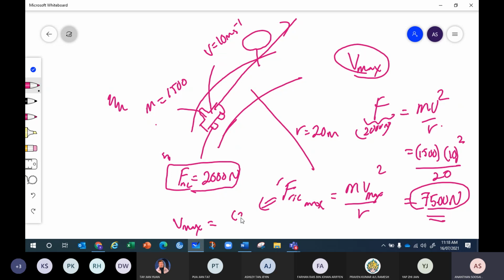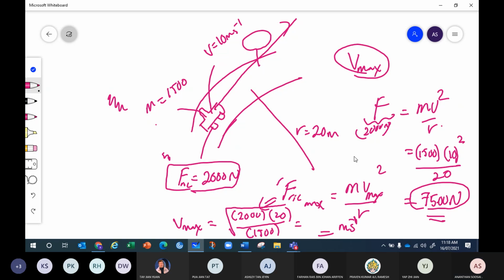In this case, friction max is 2000 Newton, R is 20 meter, and the mass is 1500. So v max is the square root of friction times R over M. This is the speed it can go without skidding in this curvature.